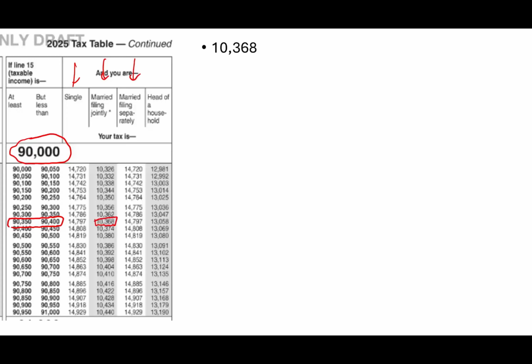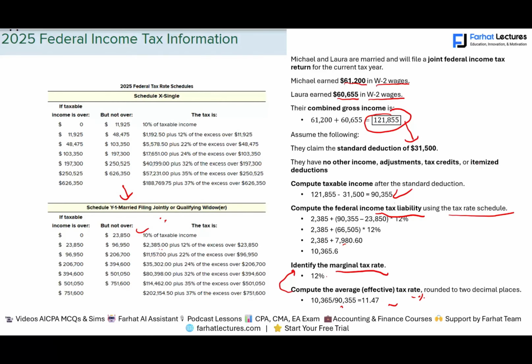Their tax bill is 10,368 versus what we computed, 10,366, because 10,368 will apply up to 90,400. That's why there's a couple dollar difference. But this is how you figure out your tax liability using the tax table. Whether you are using the tax table or the tax schedule, you need to be familiar with both.